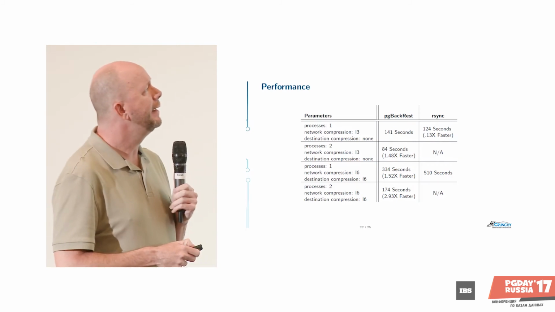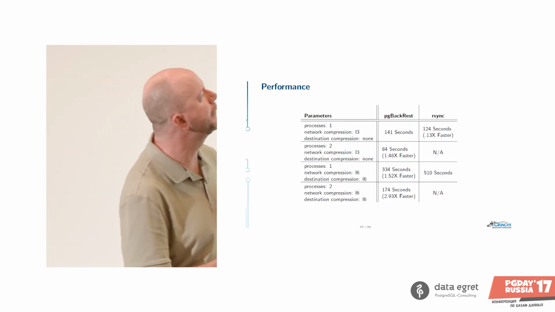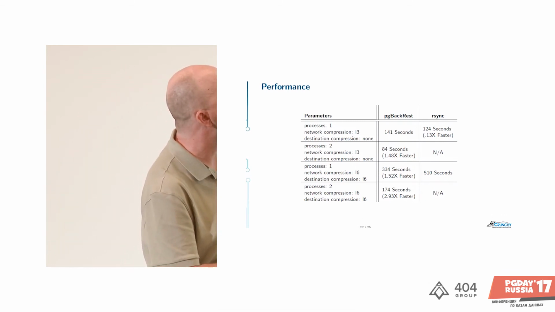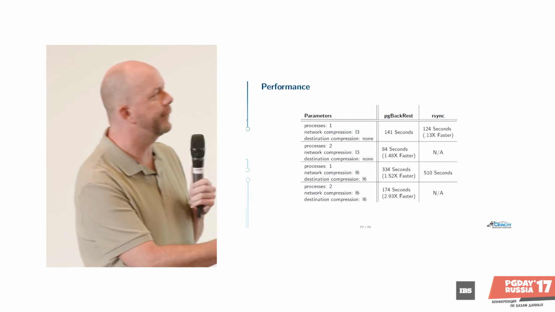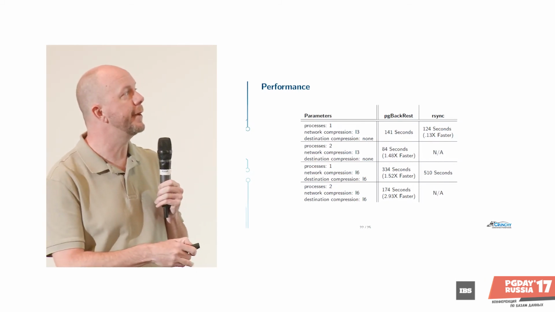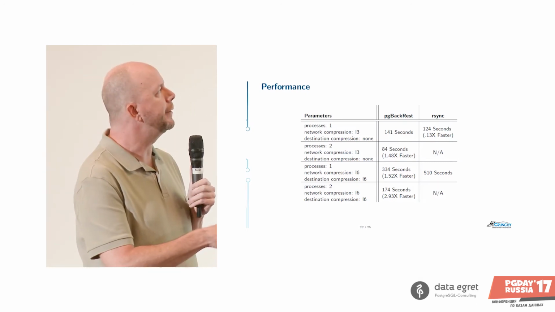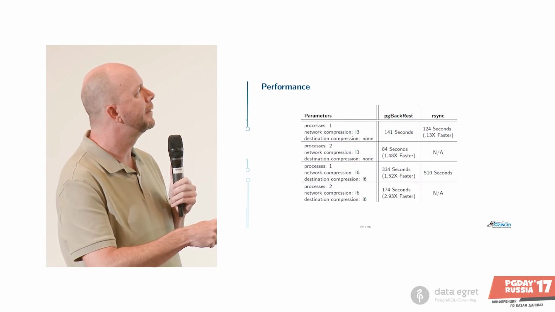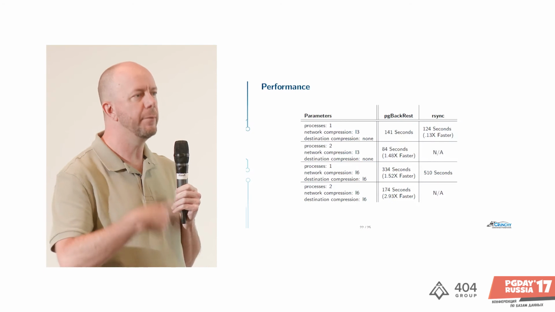And you can see that with a single thread and with no destination compression, which means you're just doing compression on the network, rsync is faster. Rsync is a more efficient implementation. Rsync also is not doing SHA-1 checksums, which cost. But you can see as you start to parallelize, things get faster really quick, and then they just keep multiplying.